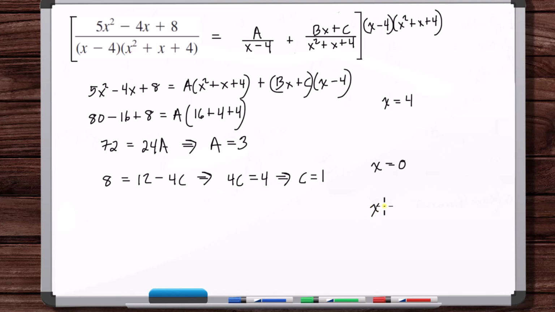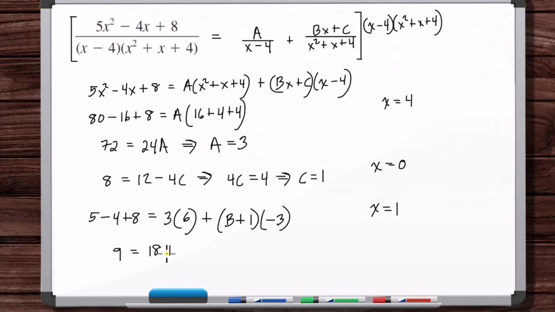Okay, now let's set x equal to 1. So we've got 5 minus 4 plus 8 is equal to 3 times 1 plus 1 plus 4 plus b plus 1, and then there we go. So now we've got minus 3b minus 3.